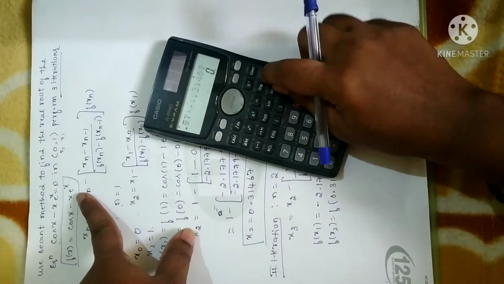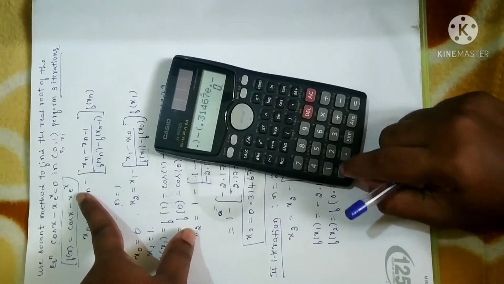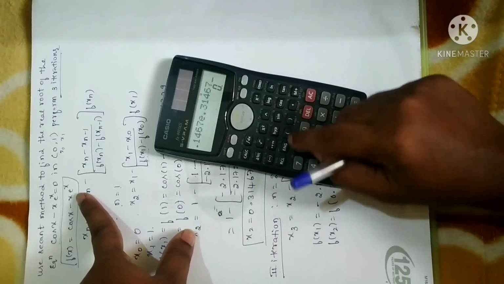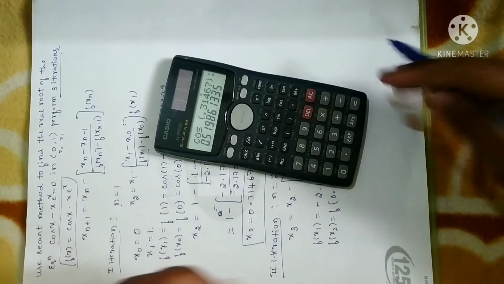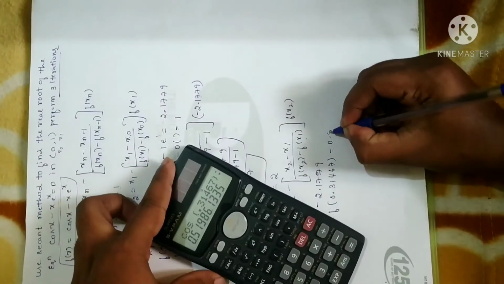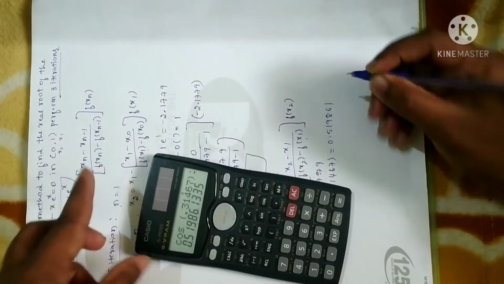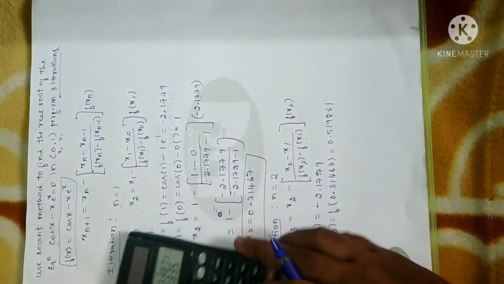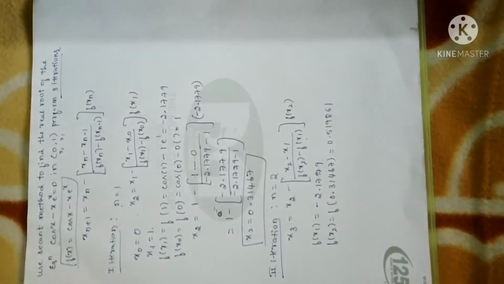Exponential, right? Shift ln 0.31467 close bracket plus equal sign. That will give us 0.519861. Clear? Now I have obtained the f of x2 value.